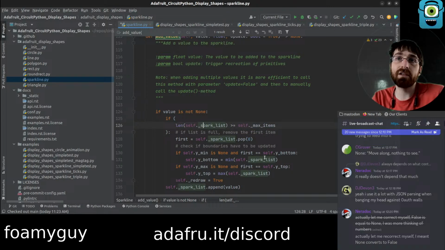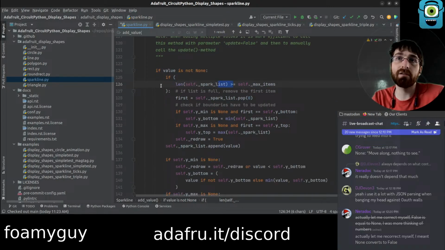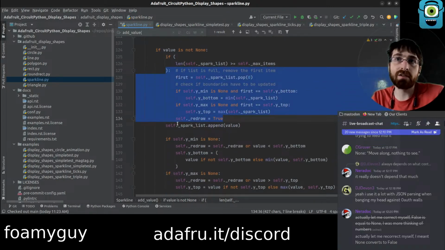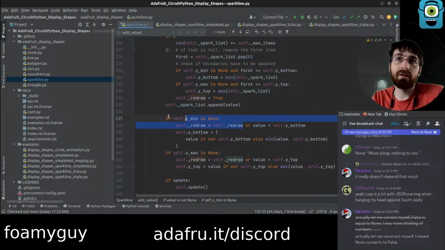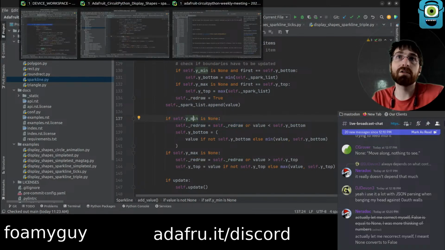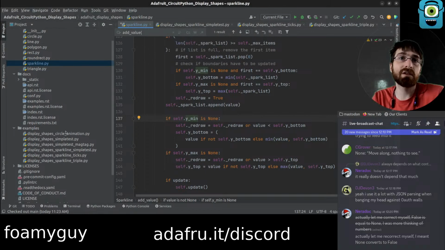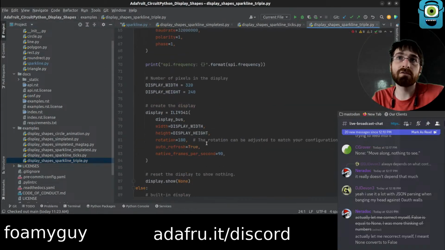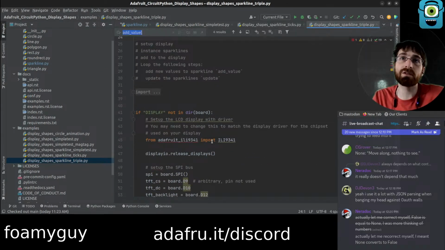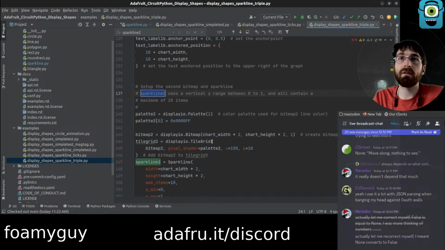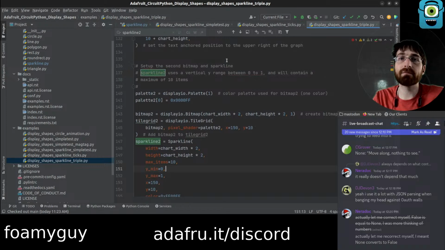Let's say the length of the list is not greater than that. We're not going to do any of that stuff. Append it into the list. If ymin is none, so in our case, no, it's not none, because it is whatever it was set to for sparkline 2, which was 0.